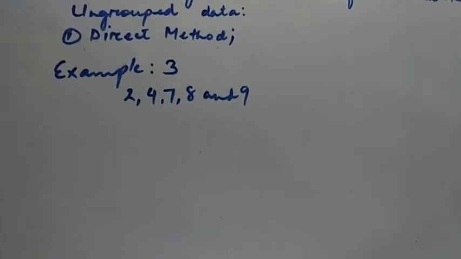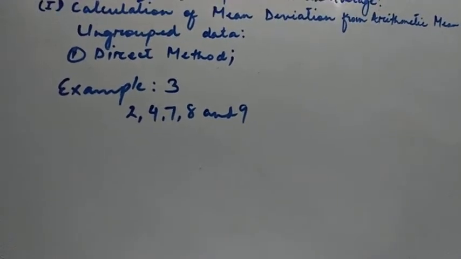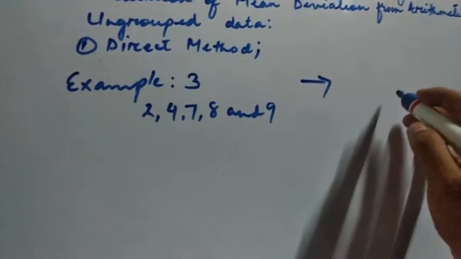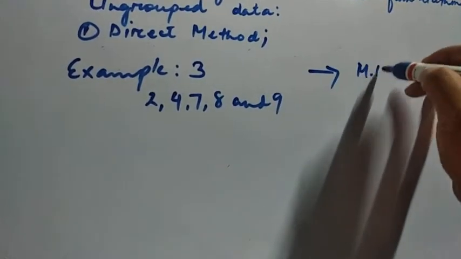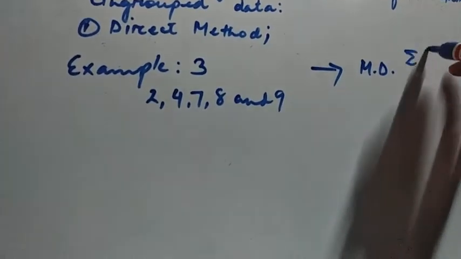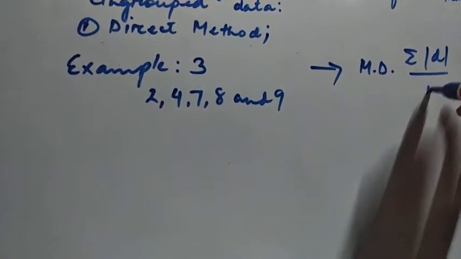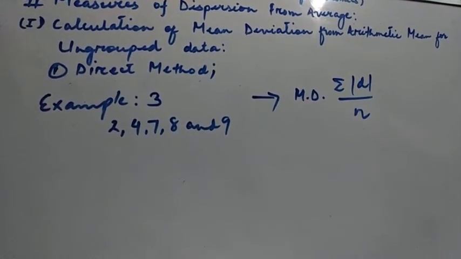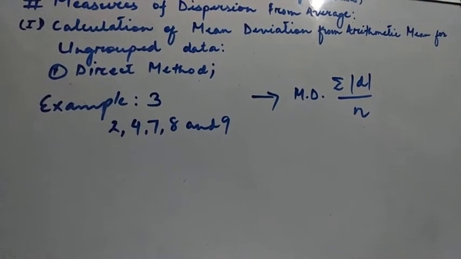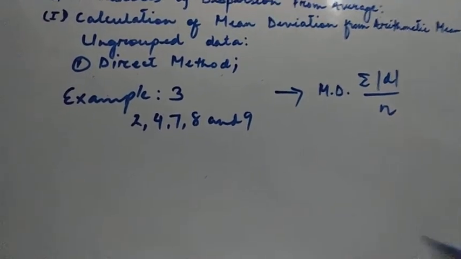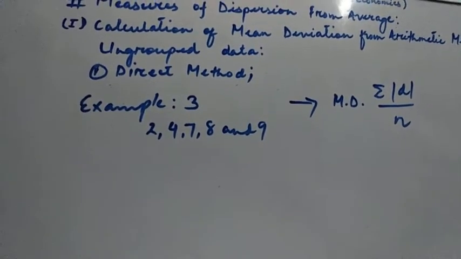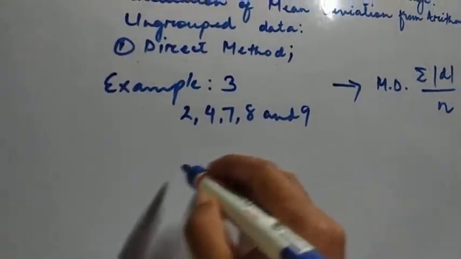As I have said, the formula for the mean deviation from arithmetic mean is MD equals summation d by n. For that, you have to find the arithmetic mean, you have to find d, and n is 1, 2, 3, 4, 5.